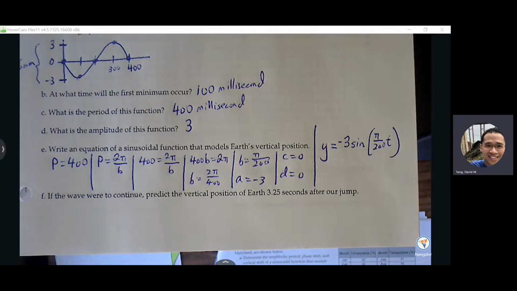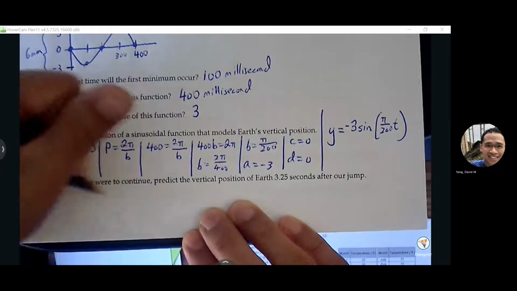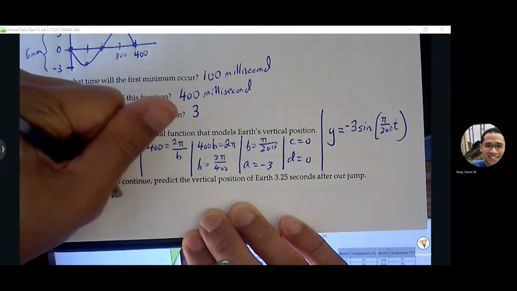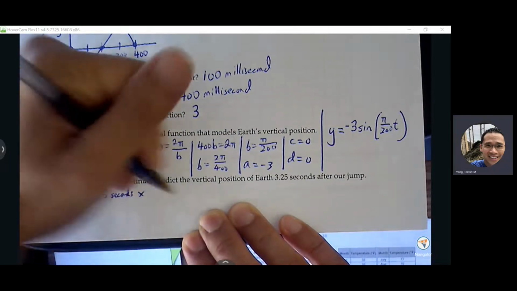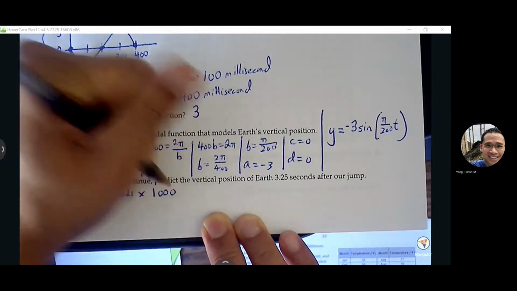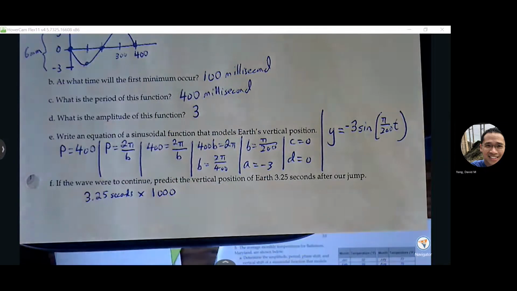Part F: if the wave were to continue, predict the vertical position of the Earth 3.25 seconds after our jump. To get the milliseconds, I need to multiply by 1,000.